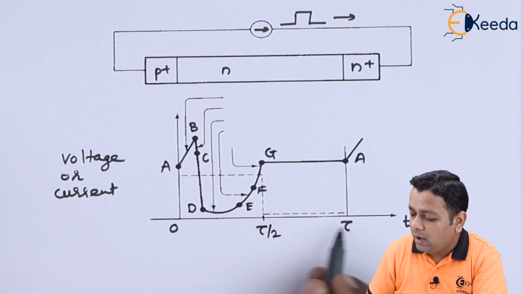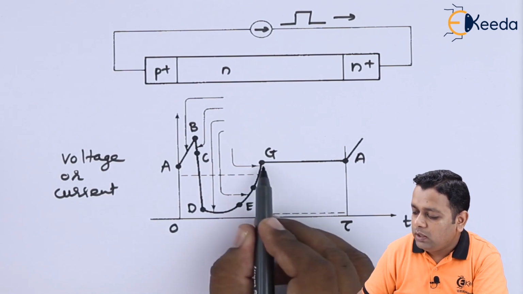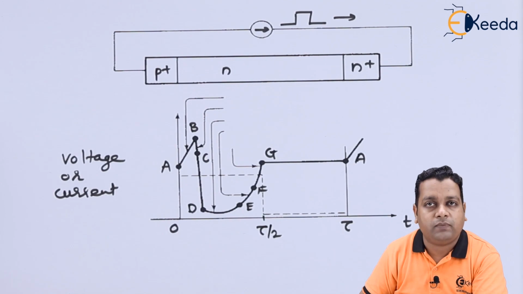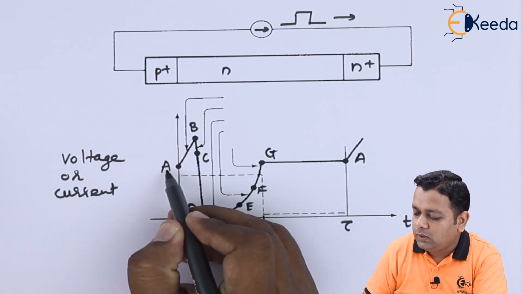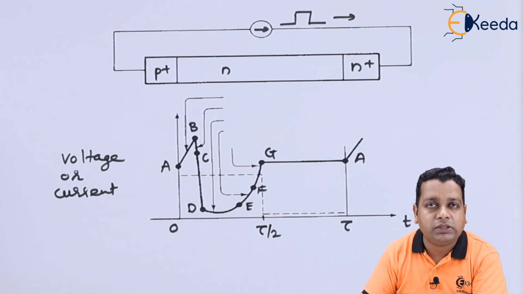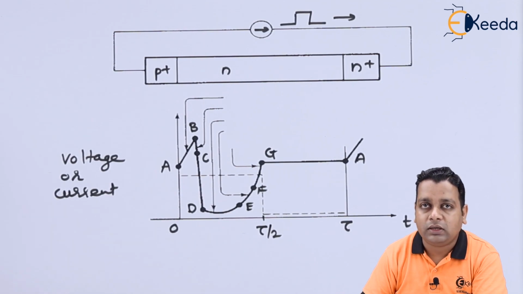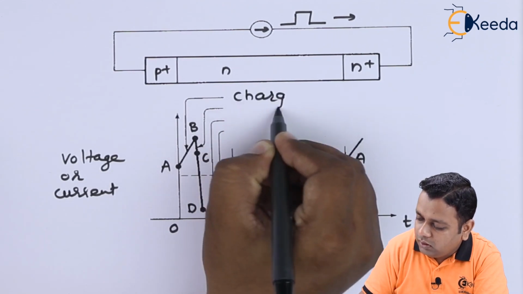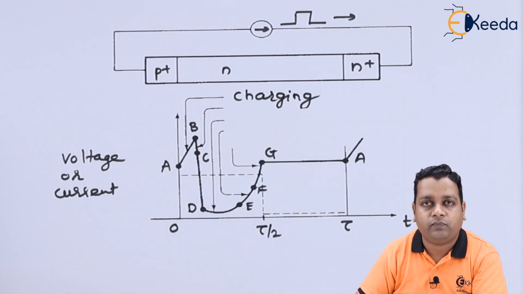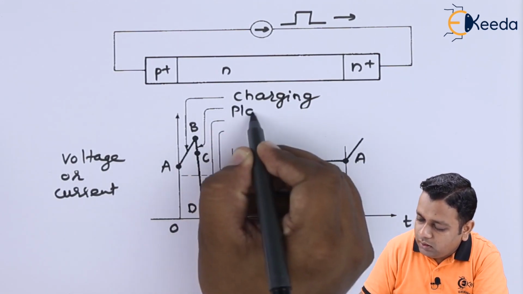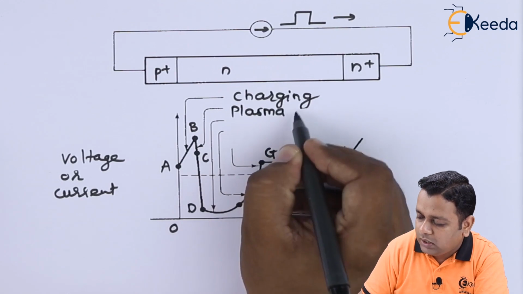For the rest of the half cycle of the transit time, we have the constant levels of voltage or current denoted here. Now as we shift from point A to point B, the operation that happens in the device we summarize in this diagram as the charging of the device. From B to C, we write it is the formation of plasma.